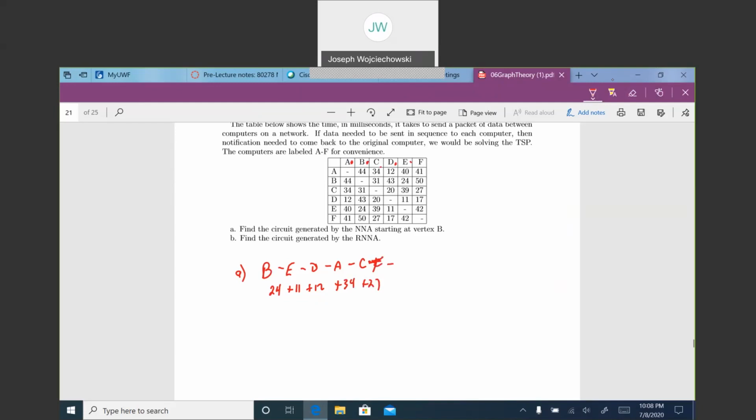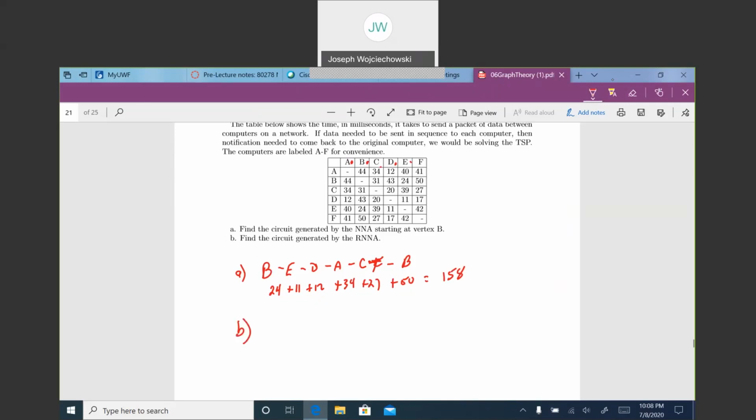And then back to B. And F to B is 50. So what's that? 24 plus 11 plus 12 plus 34 plus 27 plus 50. And that is 158.